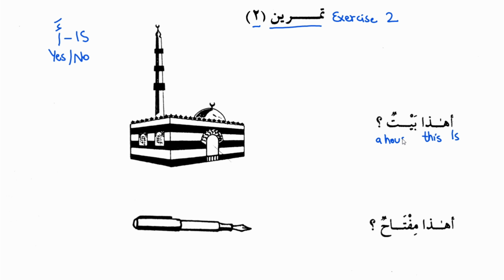So the final translation of this question will be, is this a house? Okay, and this is referring to the object here, and we know that no, this is not a house, this is a masjid or a mosque. So first we'll write the answer in English and then we will write the final answer in Arabic.